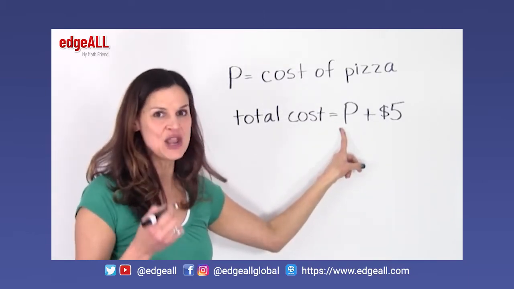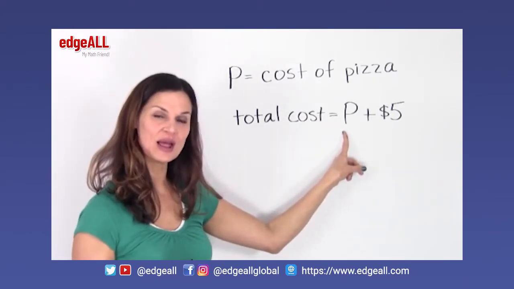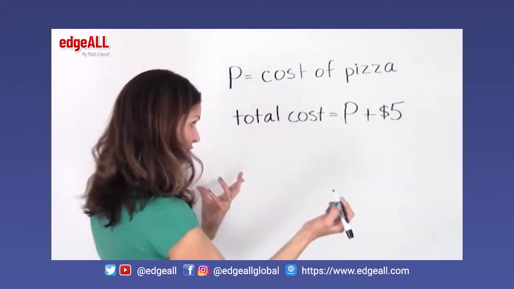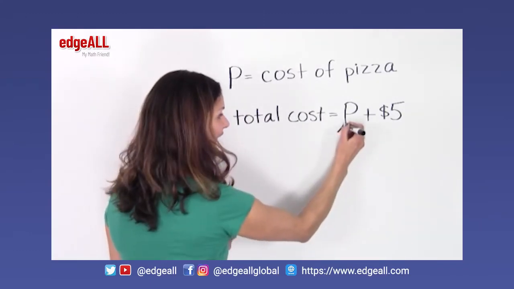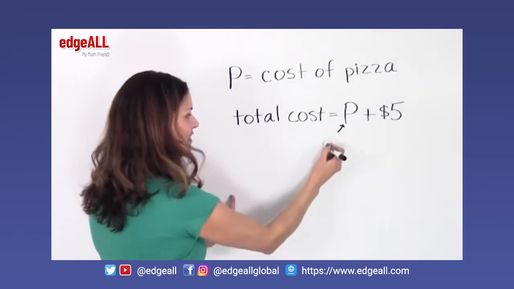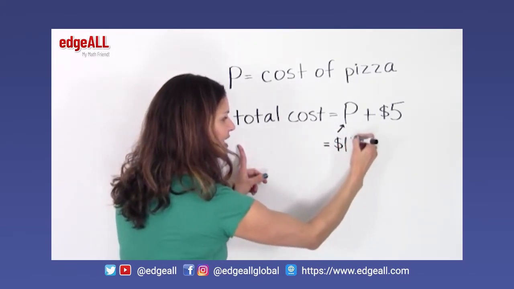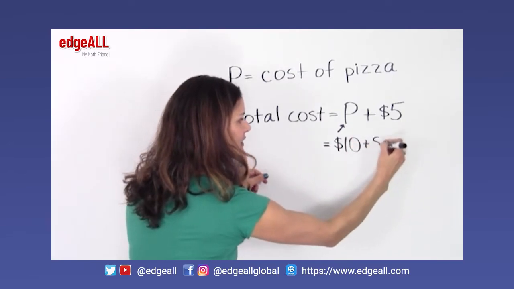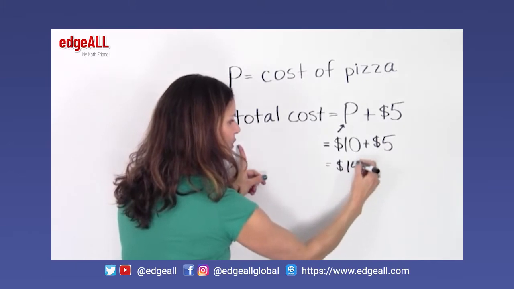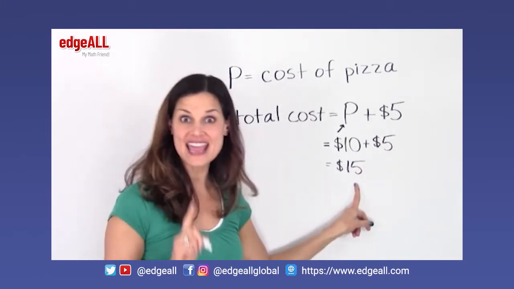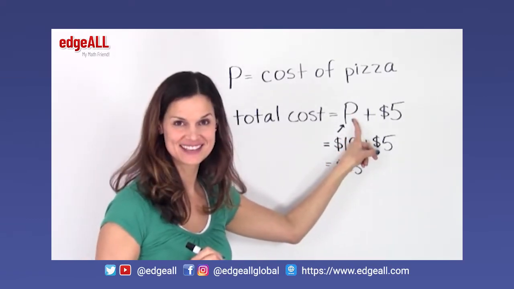And so we still don't know the cost of our pizza. This is an unknown. We call it an unknown, and we use this variable. But we do know that, for example, if the pizza costs $10, then the total cost of our meal would be $10 plus $5, and the total cost would be $15 if P equals $10.